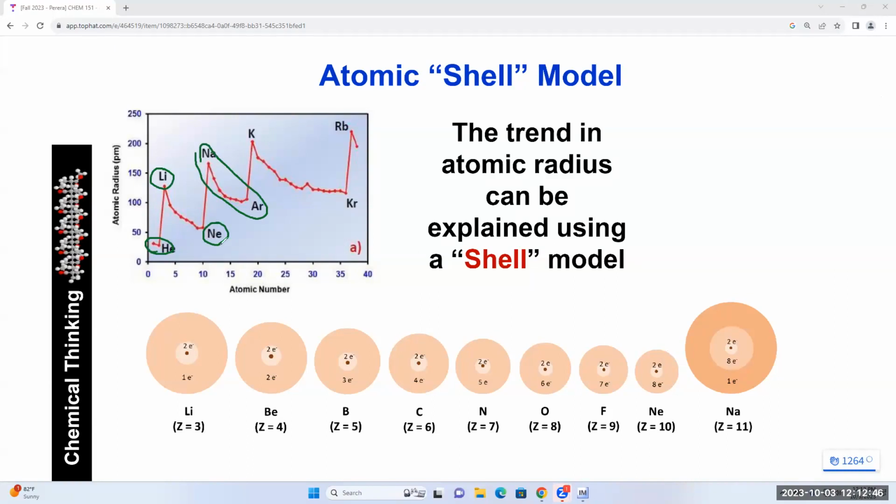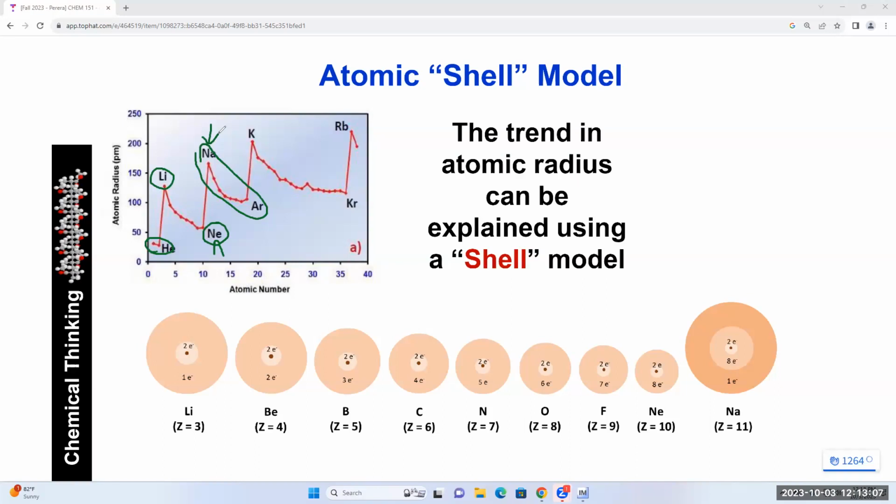Do you see that? So neon is over here and sodium has a huge jump. Why? The 11th electron was filled to a larger shell than the second shell, than the previous one. And that's why the size of the atom increases, because each added shell is larger than the previous one.